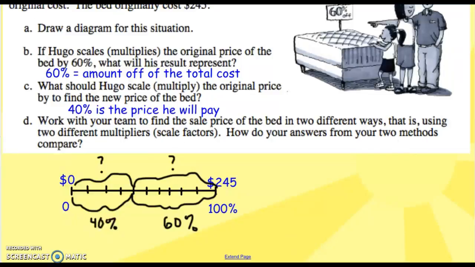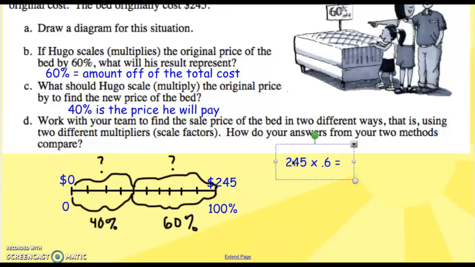So if you'd like to pause the video and try this on your own, you can. If not, I will keep talking and walk you through the 2 different ways. So feel free to do either. The first thing that I would do is multiply 245 times 60%, and hopefully you know that 60% is also written as 0.6.